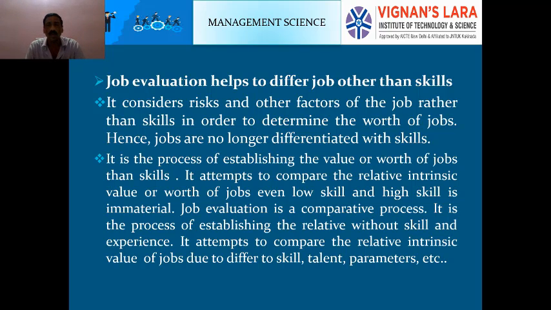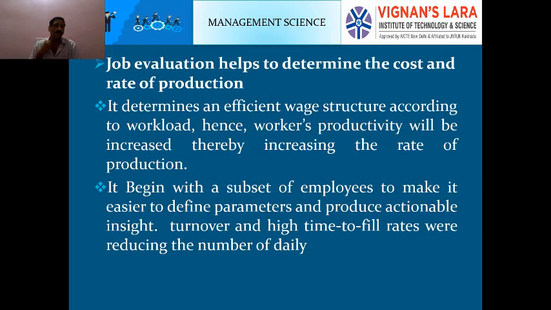Here we conclude that job evaluation is completely dependent on output, that means productivity. Job evaluation helps to determine the cost and rate of production. This is also evaluated with the help of job evaluation.